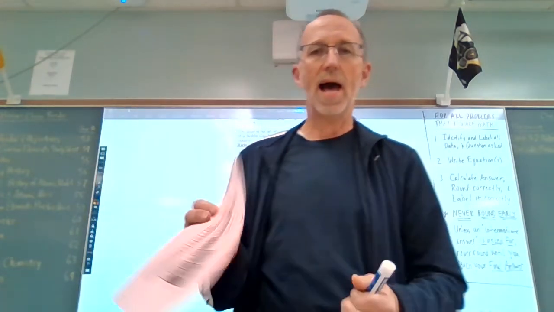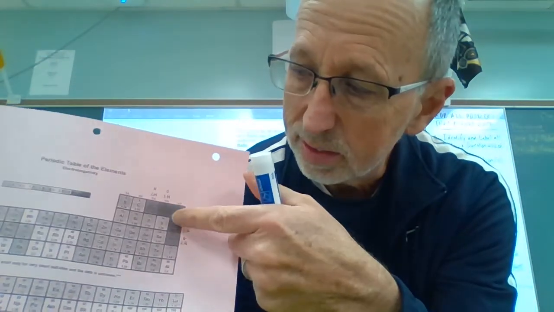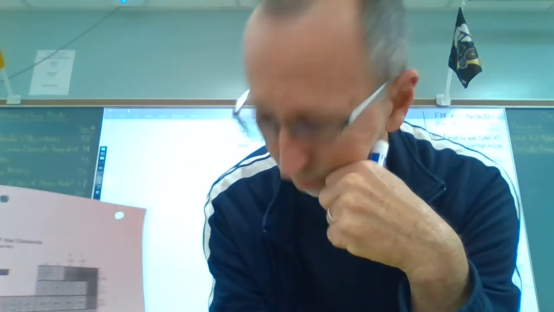All right. Now, if you look closely here with me, in this upper right corner where the nonmetals are, there are several there that are very dark. And so it's difficult to see the number. And so what I did is I wrote them here around the perimeter so that you could tell what they were. And so make sure you refer to that.